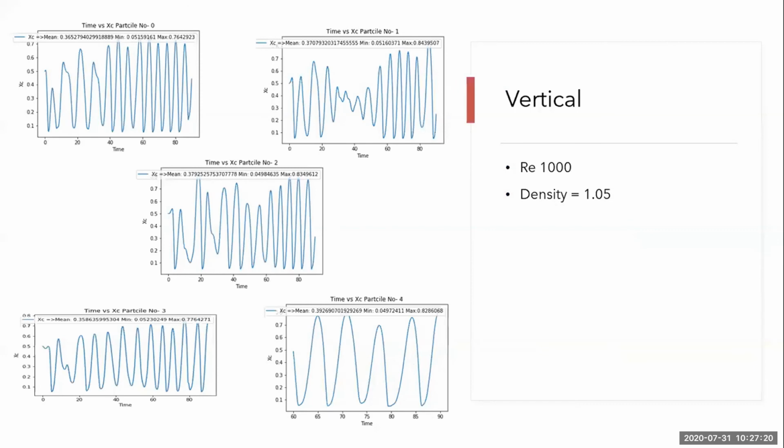This is another graph of final position versus time. This time the particles were on the vertical axis. I didn't change the density because from the previous graph I noticed that density doesn't have a big effect on the movement and the position of the graphs.